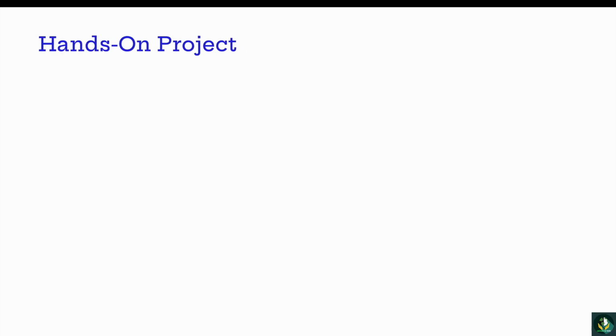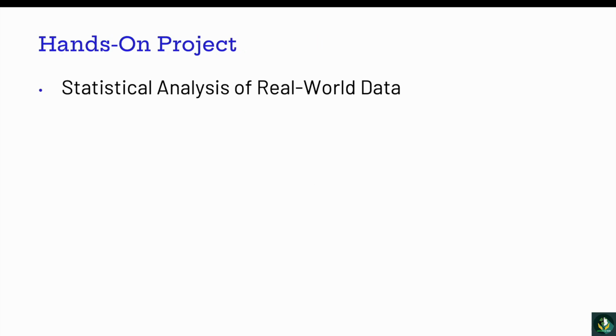Next, let's dive into our hands-on project, which is on statistical analysis of real-world data. We already did a bunch of this, but the project task here is first to perform exploratory data analysis, the EDA, where we'll inspect the dataset structure and summarize key features, and visualize distributions, relationships, and correlations. We'll use the tips dataset that we used, and we will plot and visualize the relationships.